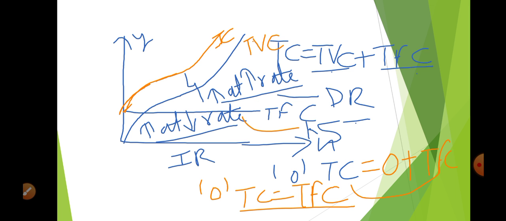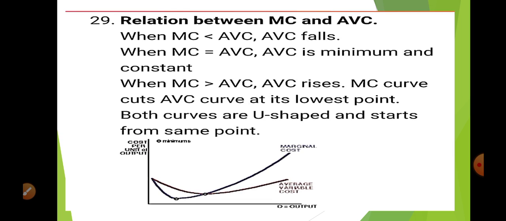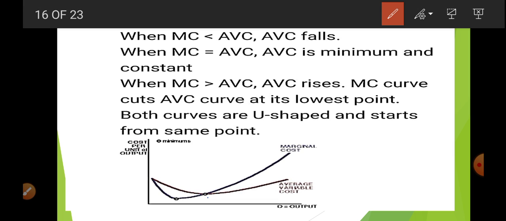Okay. Now the relation between MC and AVC. So look, we can divide this diagram into three parts. This is your first, this is your second, and this is your third point. Here you can see which curve is above.